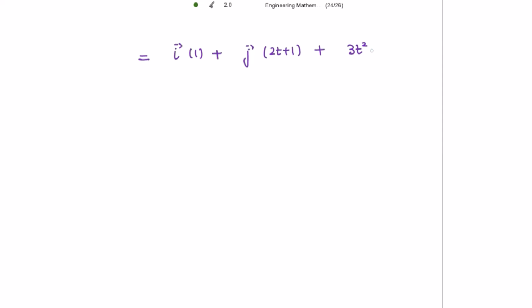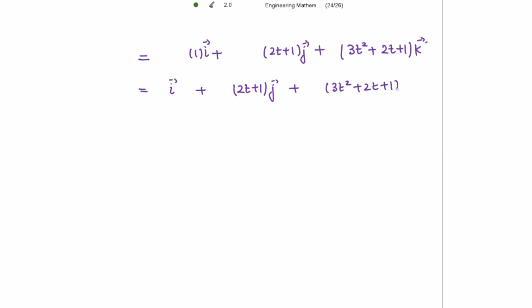So this is I vector plus 2t plus 1 j vector plus 3t² plus 2t plus 1 k vector. This is dr by dt.